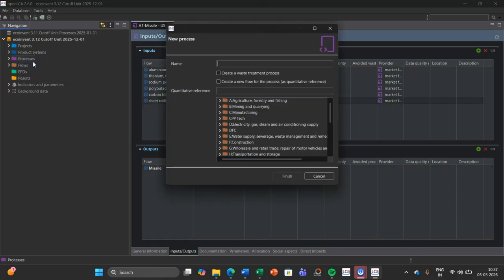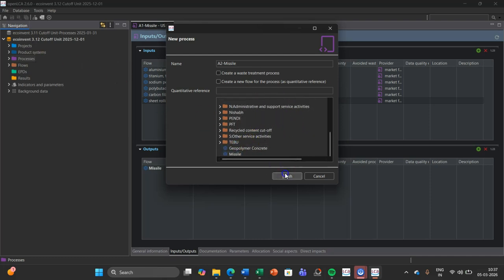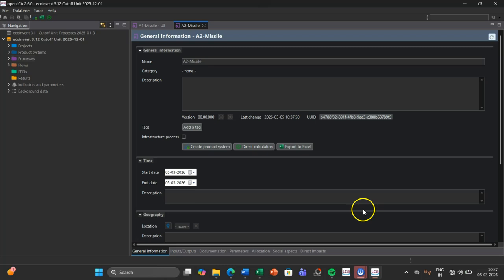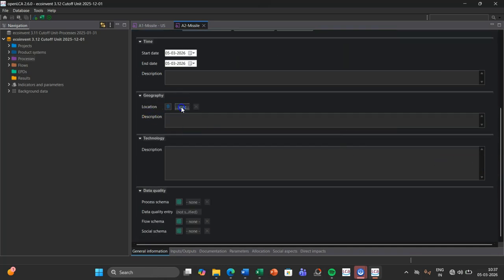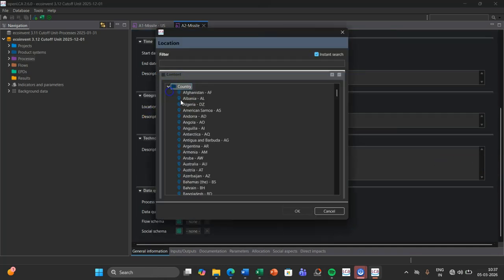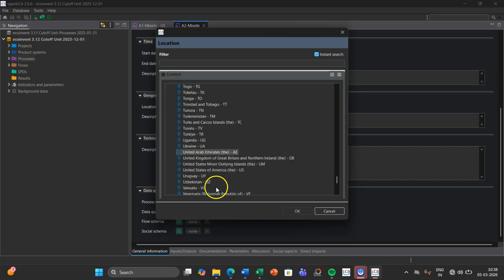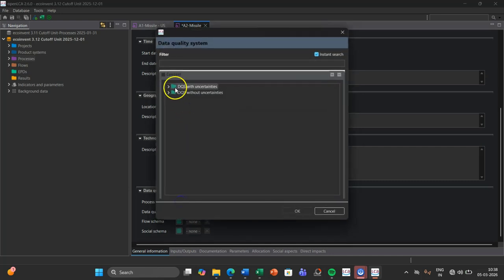Now let's create A2 of missile by choosing the same flow. The location, United States, and process schema. We choose equipment.